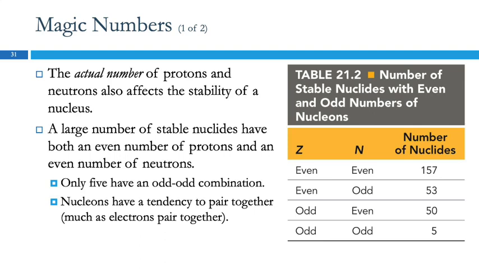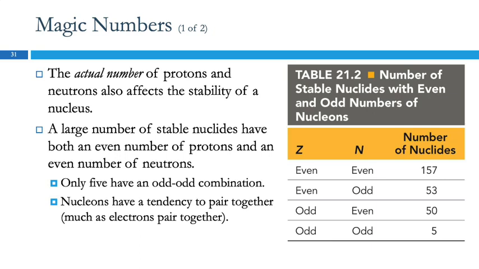The actual number of protons and neutrons will also affect the stability, not just the ratio. If we look at even numbers and odd numbers, this is the number of stable nuclides that have an even number of protons and an even number of neutrons: 157.